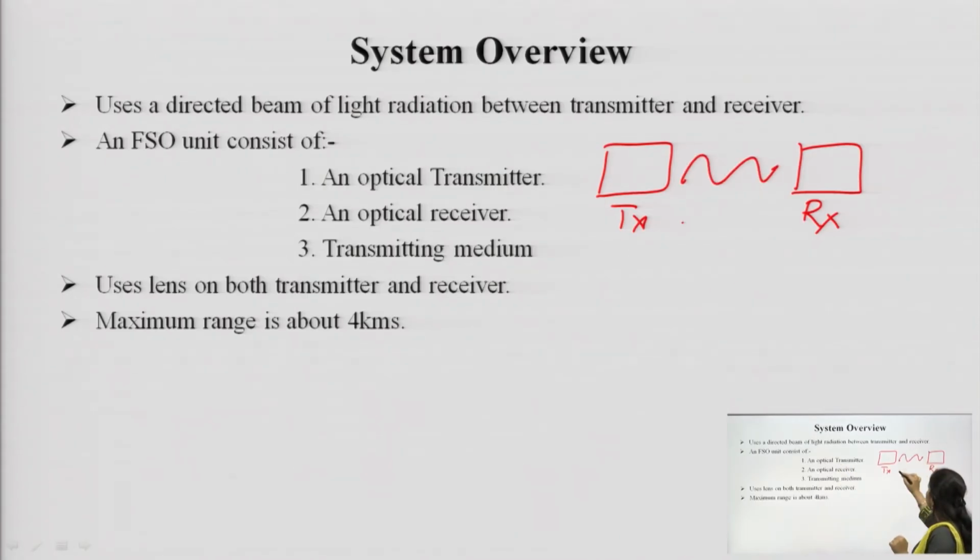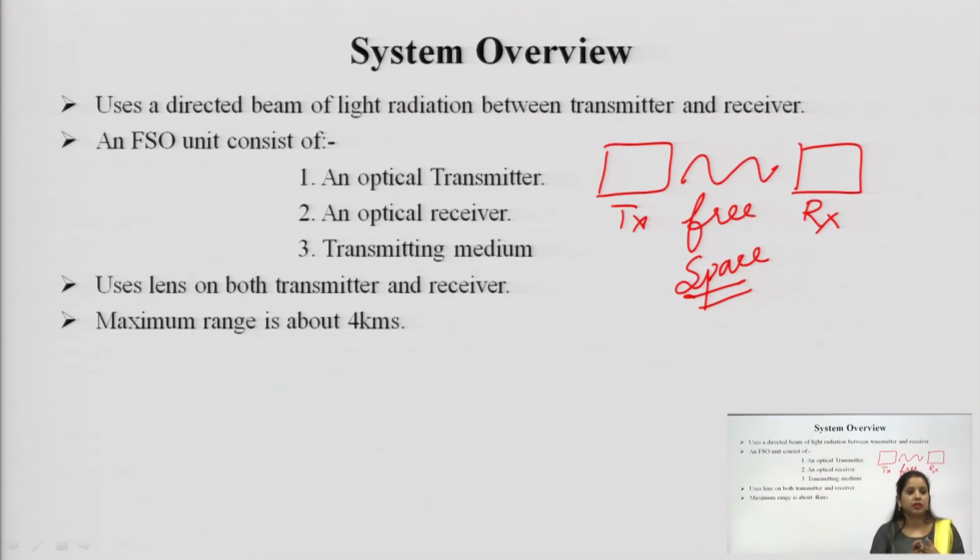There exists a free space, and the visible light or the IR radiations are basically the medium which is used for transmitting the signal from the transmitter to the receiver section. And since the visible light is used, that's why it comes under the optics category. So the FSO system consists of an optical transmitter, an optical receiver, and a transmitting medium, which is our free space. Use lenses on both transmitter and receiver, and its maximum range is about 4 km.